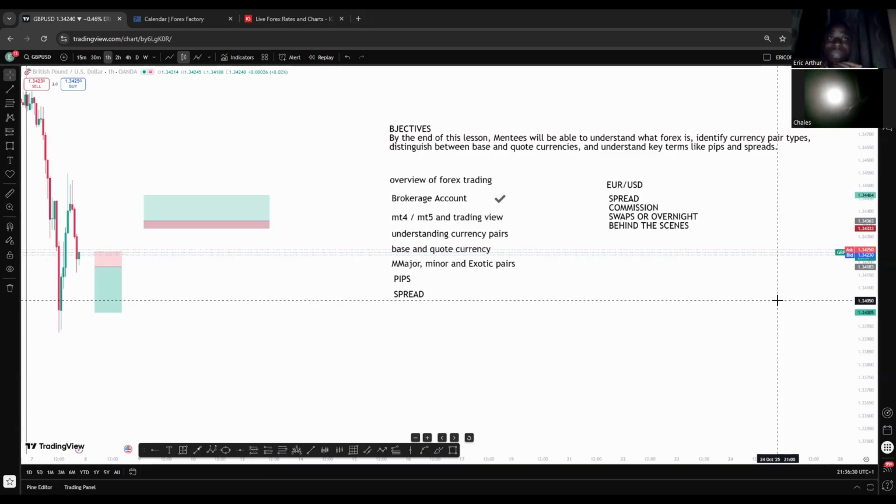Let's say they are a B-book broker and they always take the opposite side of your trade. When you lodge a complaint, the regulator can shut down the company.